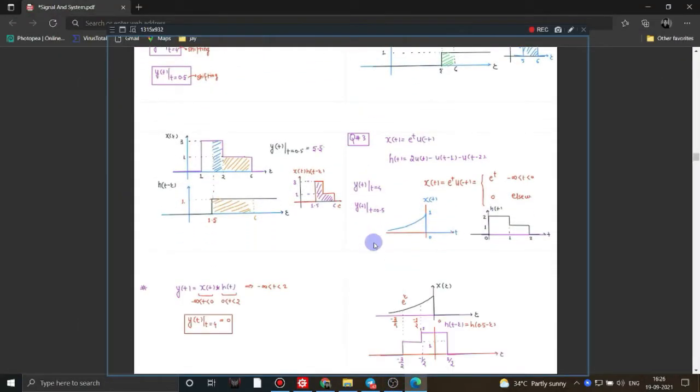Now we go to the second question. Here we are given xt is e to the power tau u minus t. St is given as this. So we know the graph of xt, and we make it like this. You know the graph of e to the power tau.